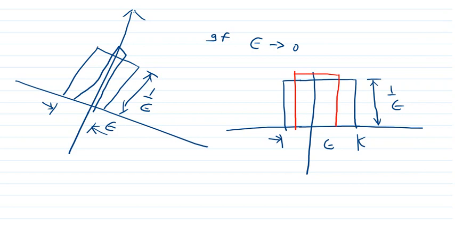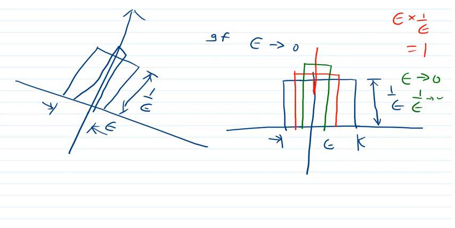It has unit area: epsilon into 1 by epsilon gives unit area. So if you reduce the width, then you have to increase the height, because the area is 1 only. Again if you compress this figure, if you reduce the width, then your height will increase. So ultimately when epsilon tends to 0, 1 by epsilon tends to infinity. So basically you have 0 width and infinite amplitude.